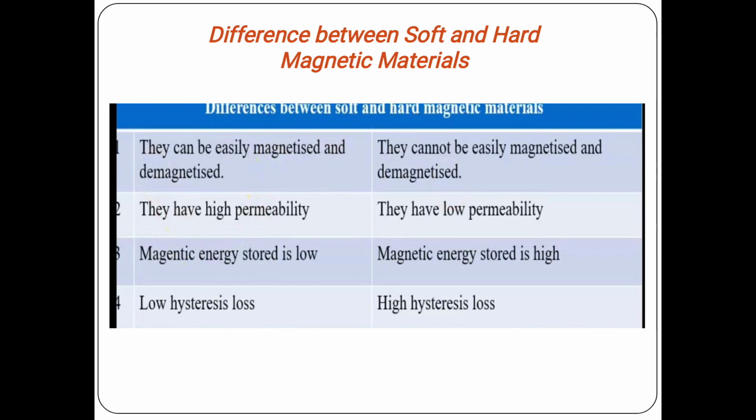Third, the magnetic energy stored is low in soft magnetic materials, but high in hard magnetic materials. Fourth, soft materials have low hysteresis loss, but in hard magnetic materials the hysteresis loss is high.